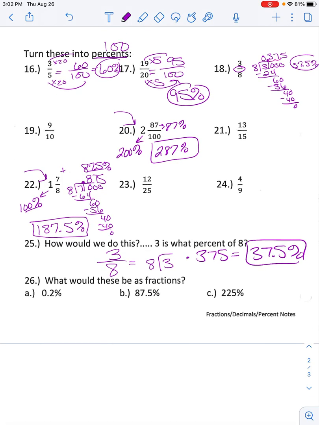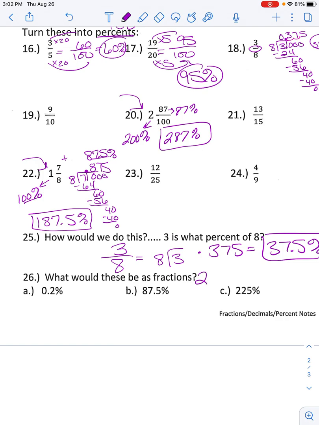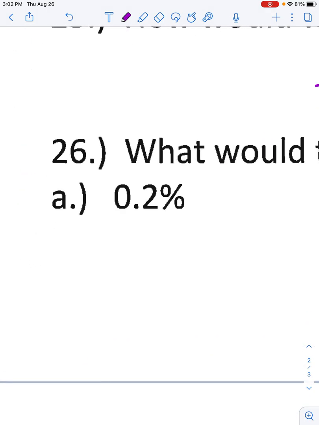And then I do want to talk about these bottom 3 because these are a little bit harder. What would these be as a fraction? Now we have percentages and we want to go to a fraction. To do these, you first want to write them as decimals. So now we're going to do the opposite. 2 times to the left to go from a percent to a decimal. You already see a decimal, but it's not a decimal yet. It's a percent right now. It's got the percent sign.